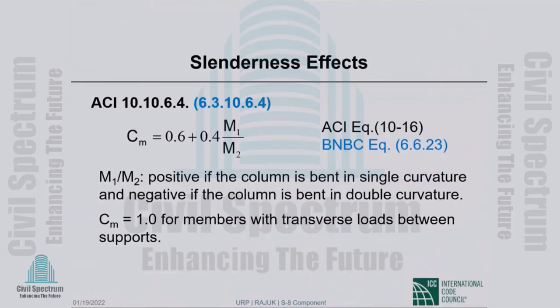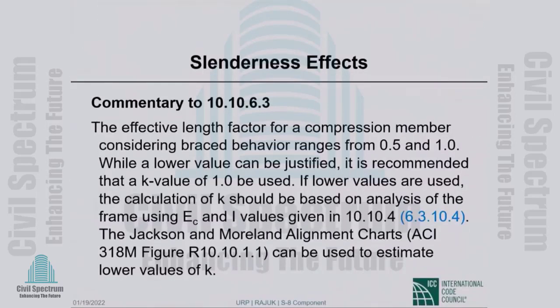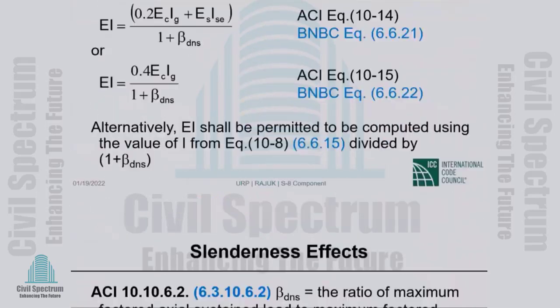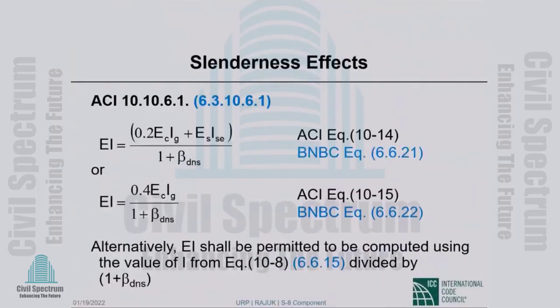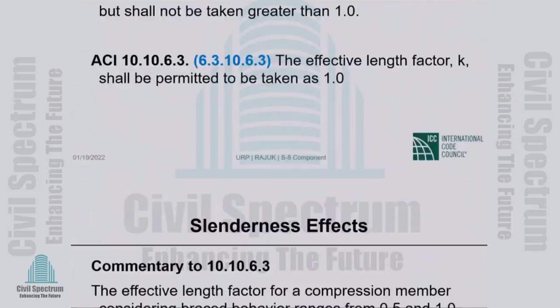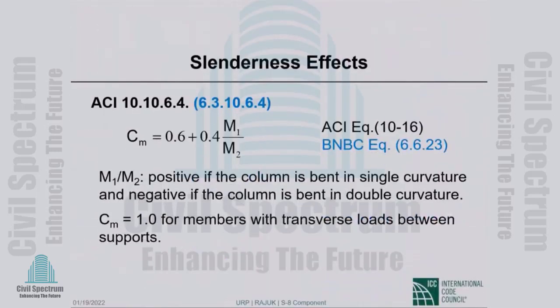Now the C sub m, remember, is a very important part of the determination of the non-sway multiplier. C sub m, P sub u, P sub c. The C sub m part is 0.6 plus 0.4 M sub 1 over M sub 2. M sub 1, remember, is the smaller of the end moments.